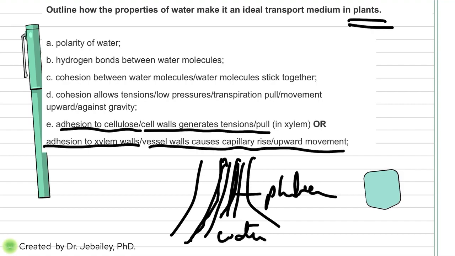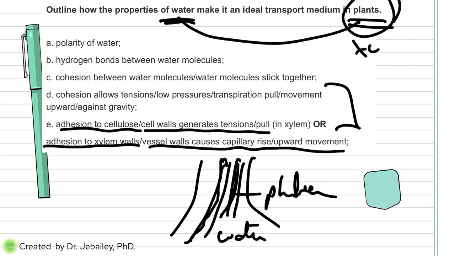Now this is more HL information, but again, in order to transfer water or nutrients in plants, you do need cohesion and adhesion. So whenever they say the word plants and they mention water, automatically it means xylem, and it definitely means talk about cohesion and adhesion.